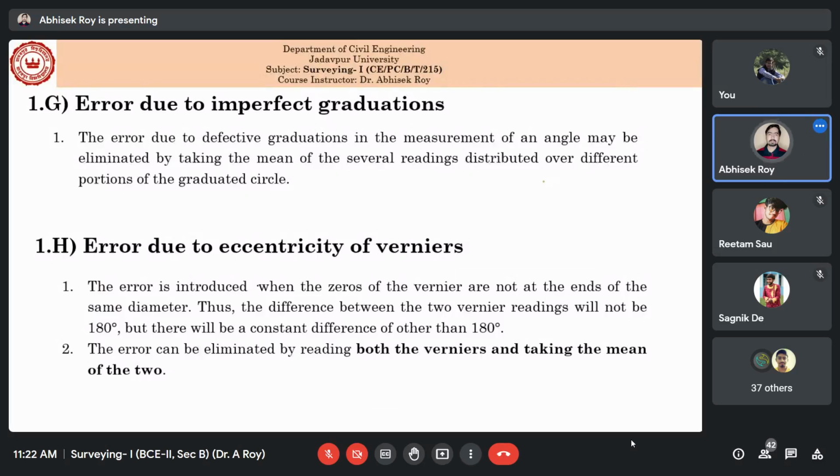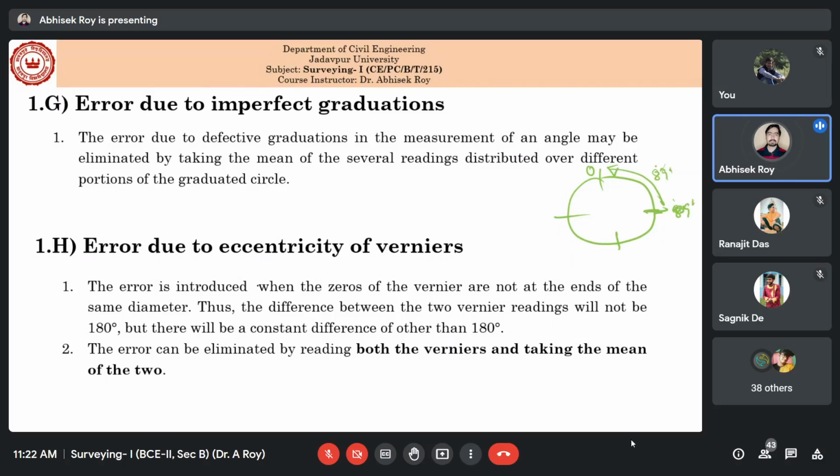Now there could be imperfect graduation, as we told you in the beginning of the class. Suppose in this one quarter, 0 to 90 degree graduation should be there, but instead here graduation goes up to only 89 degree. That means in the quarter you should see 90 degree, but you are seeing 89 degree.